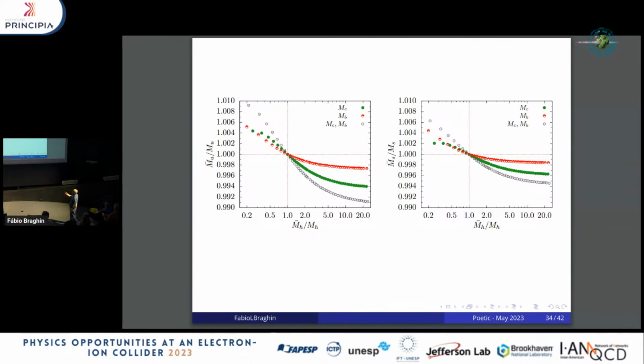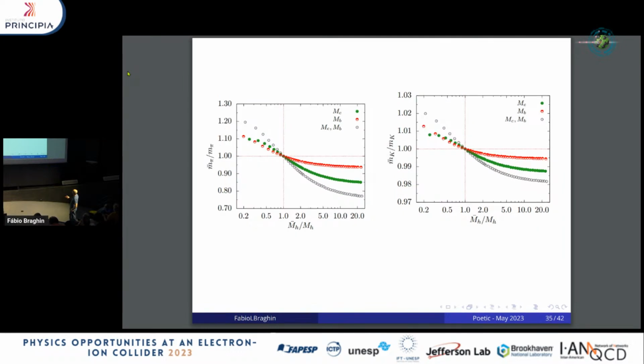This H may be C or B, depending on the color here, or a mixed combination of the variation of the two, that's the empty ball. The variation here is quite large for the up, and for the strange it's not large, around 1% for a very large range of heavy quark masses.